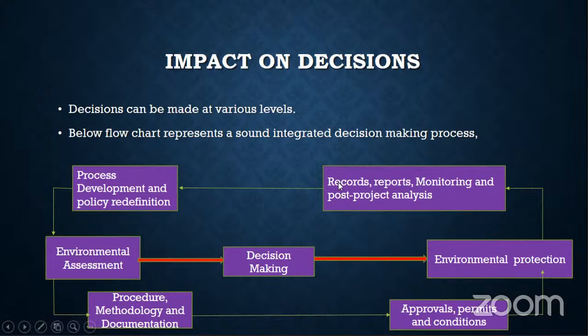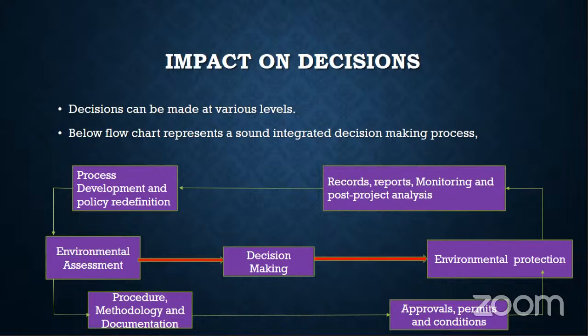Then we will have records, reports, monitoring, and post-project analysis. This monitoring and audit will be the final step, and it will always be repeated. If the conditions change, that will be accounted for in the monitoring or auditing stage, and according to that we can change the earlier plan. So it will affect the decision making.